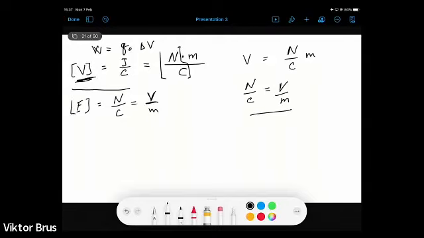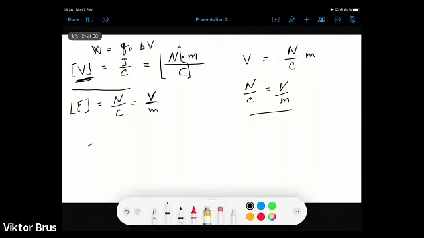Also, it is important to mention one commonly used unit for electric potential, which is used in atomic physics and also in solid state physics. That is the electron volt.